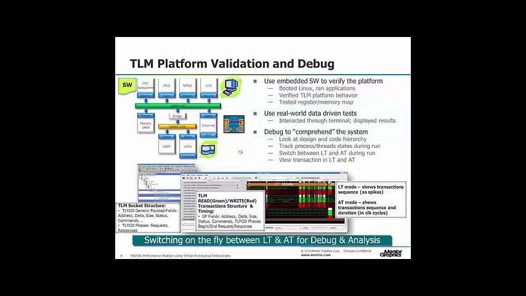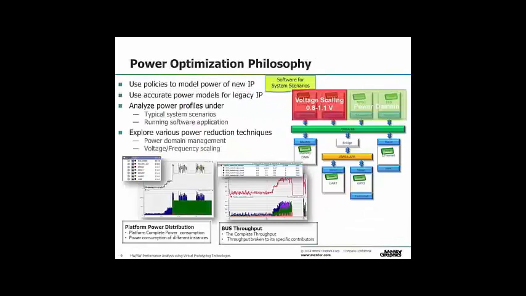So we're not just guessing where the power is used, we're actually running some real stimulus on this platform so that we can get better estimations and to help us budget where we can use more power in certain peripherals or less power in others.